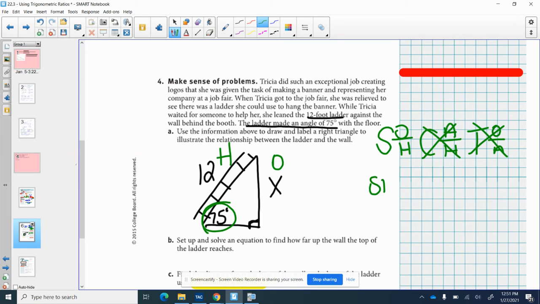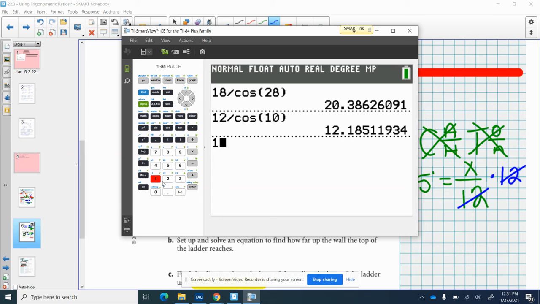So again, using sine, we can say sine of the angle equals opposite over hypotenuse. Since the variable's on the top, to get rid of the denominator, we're going to multiply. If you test this out, 12 times the sine of 75 degrees is 11.6.